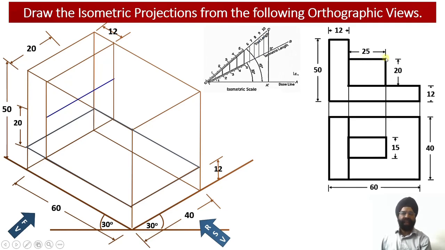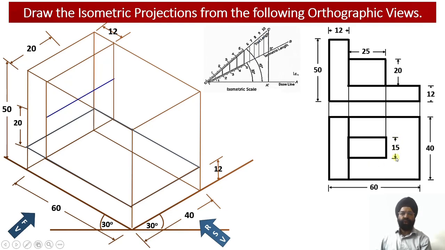Having obtained this top surface, I have obtained the center point. My center point will lie here. I know that the thickness of this web happens to be 15 millimeter.